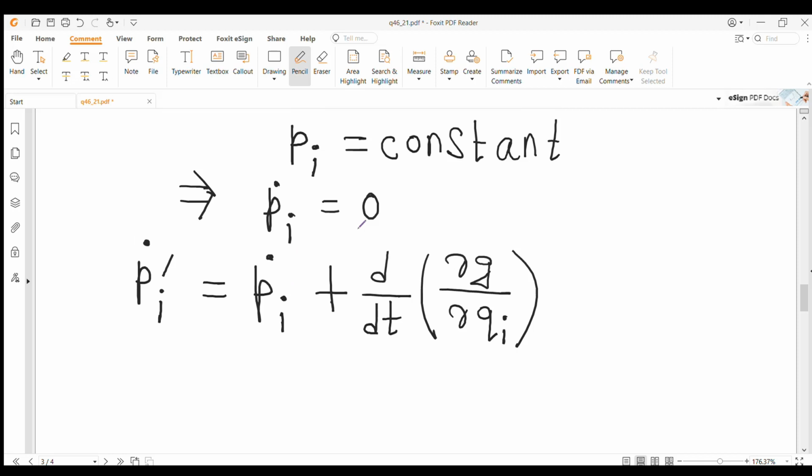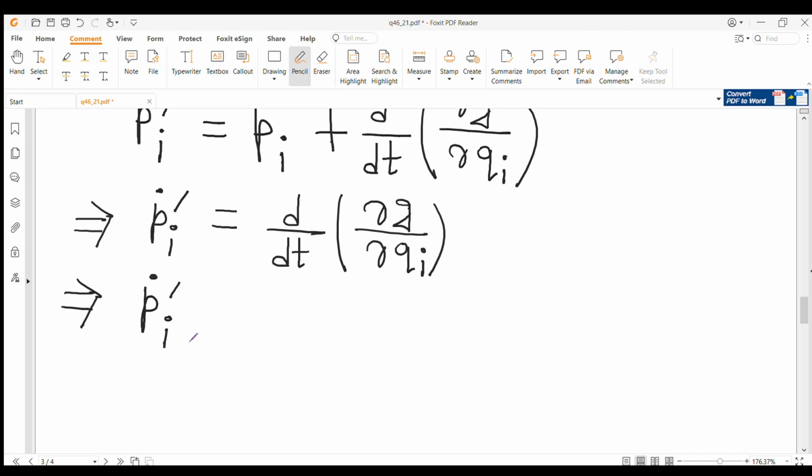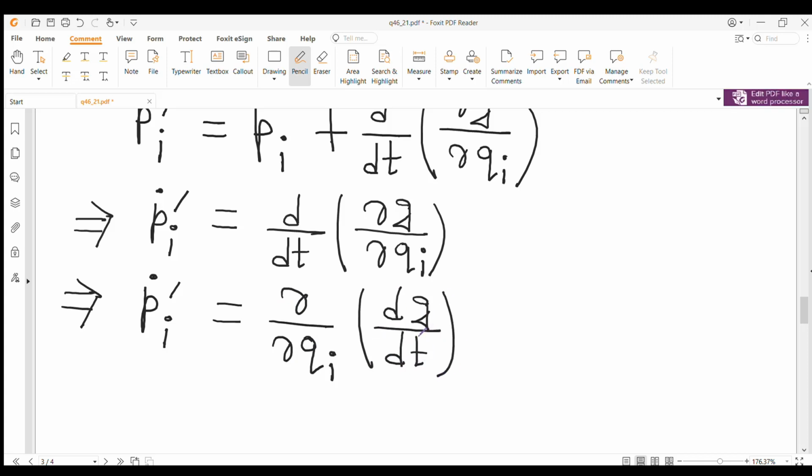If p is conserved, p prime dot is equal to d/dt of ∂g/∂q. So p prime dot can also be written as ∂/∂q of dg/dt, as g is a function of generalized coordinates and time. dg/dt will also be a function of generalized coordinates and time.